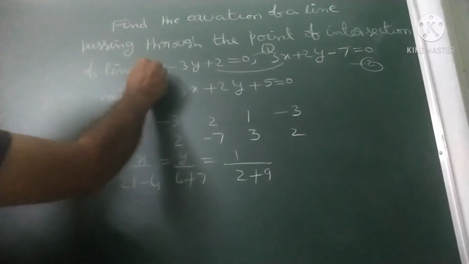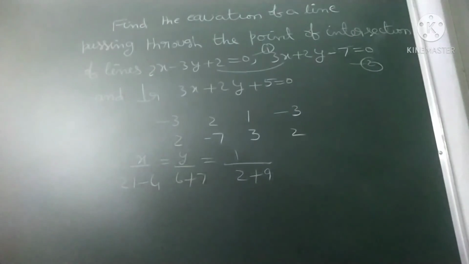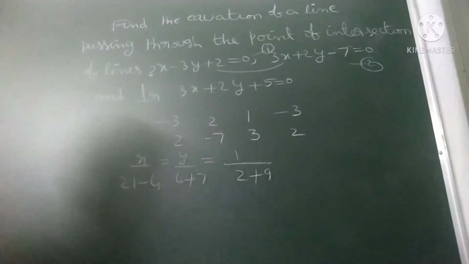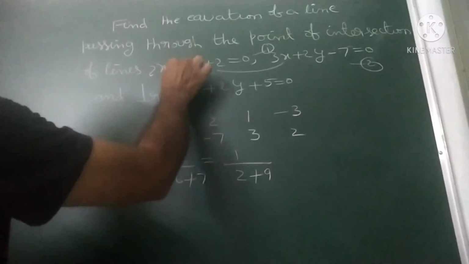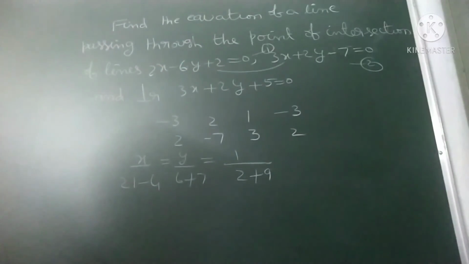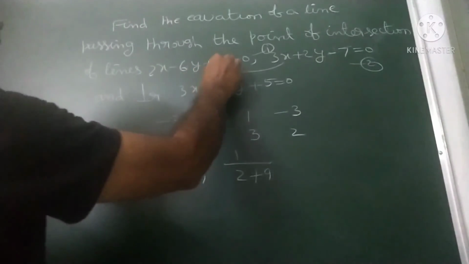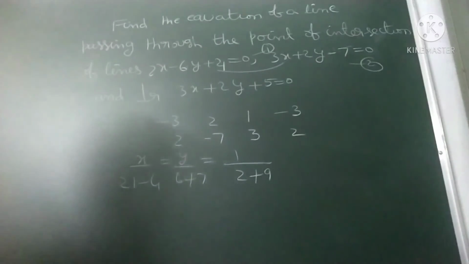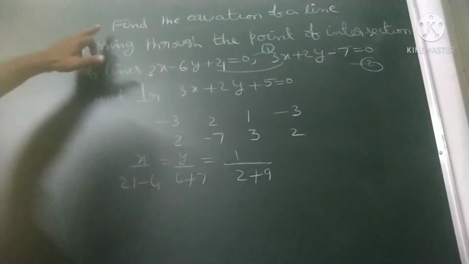This equation is considered as 2x minus 6y plus 4 is equal to 0. Now see the equation again.